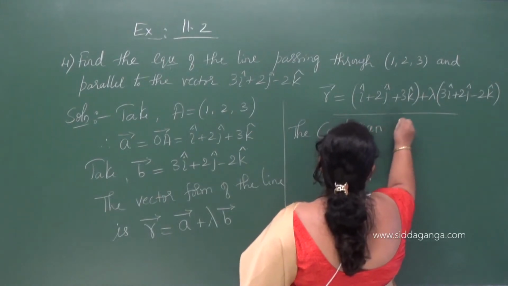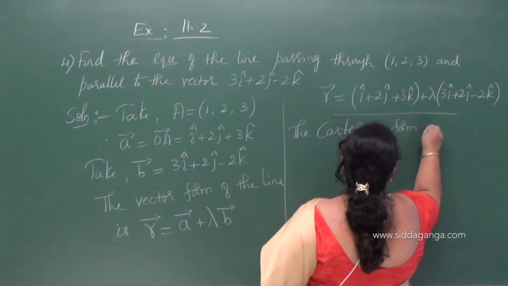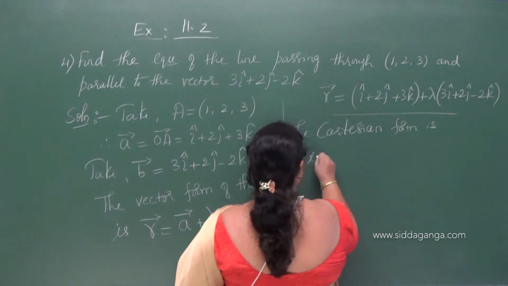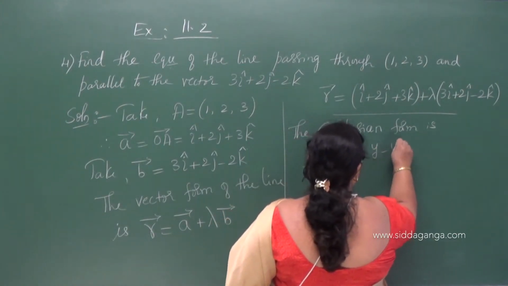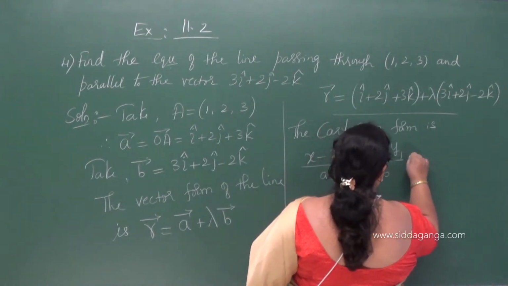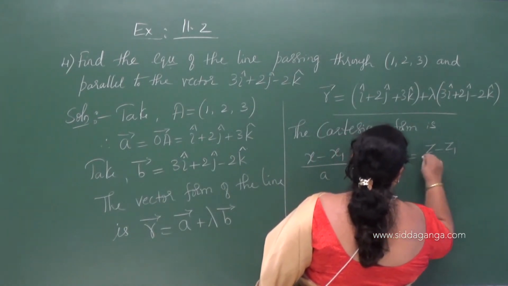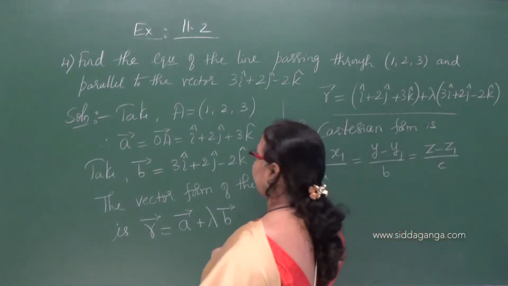The Cartesian form is (x minus x1) divided by a equal to (y minus y1) divided by b equal to (z minus z1) divided by c.